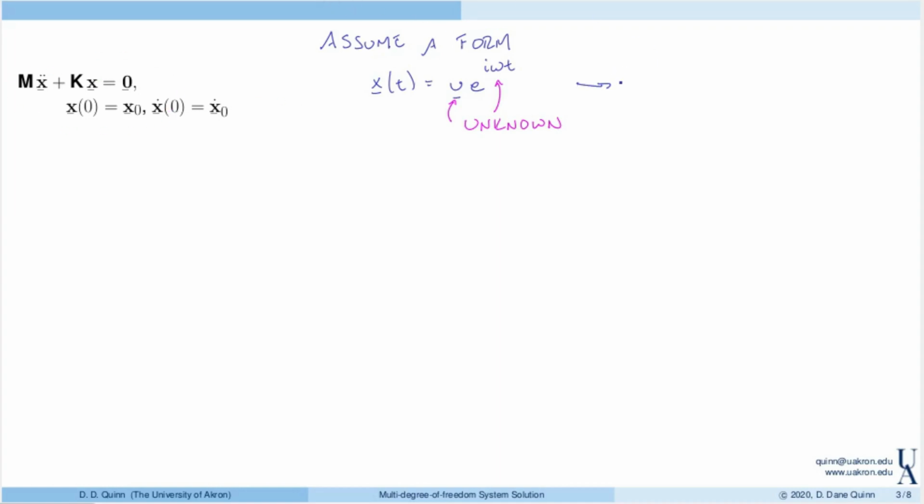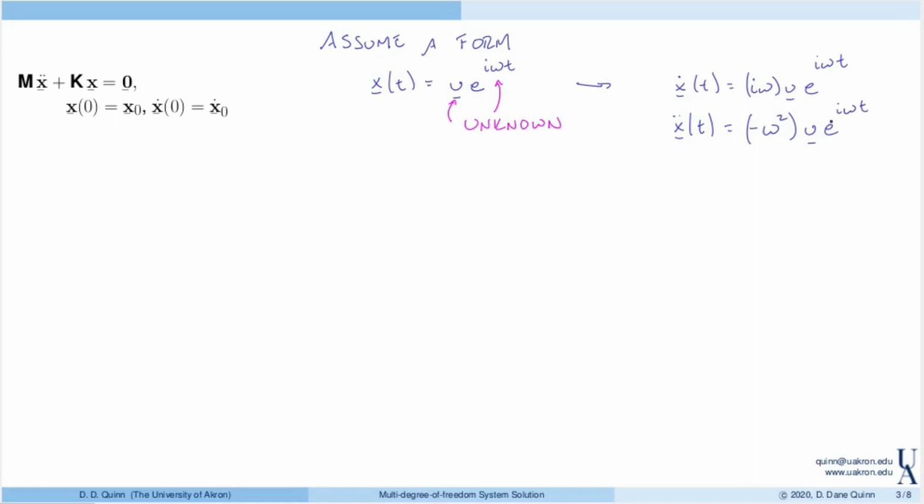So we'll essentially take this and substitute it in. So we need the velocity, and in particular we will need the acceleration x double dot. So here the velocity, I'll just take the derivative of this with respect to time. u is constant, so we end up with i omega e to the i omega t, and then the acceleration x double dot is minus omega squared times the vector u e to the i omega t.